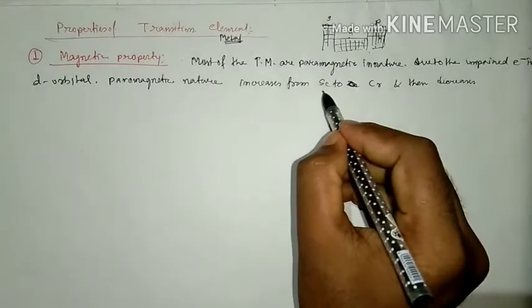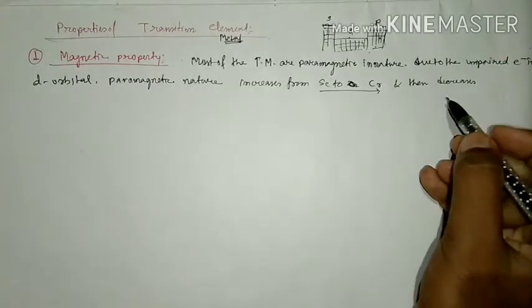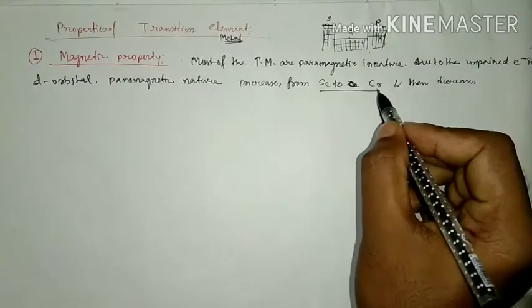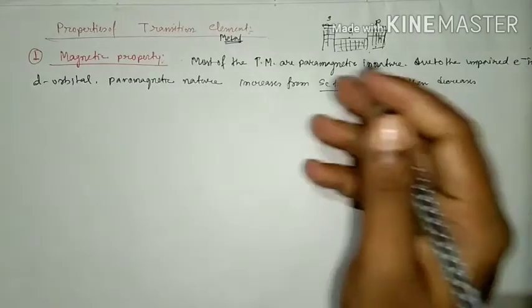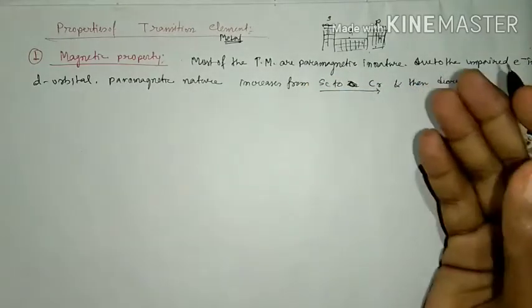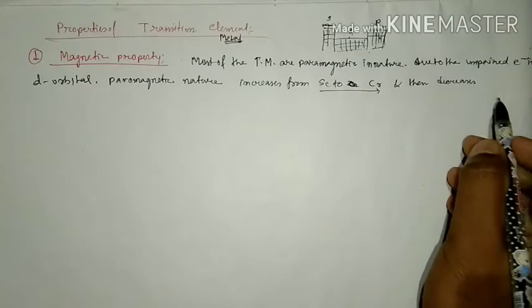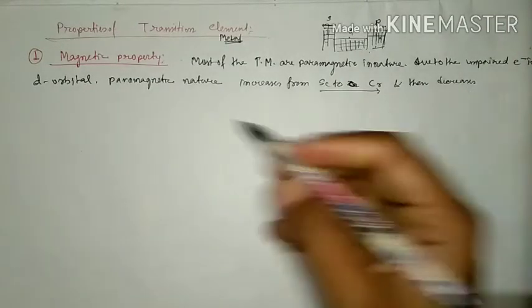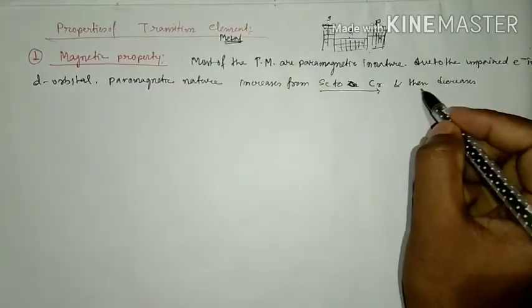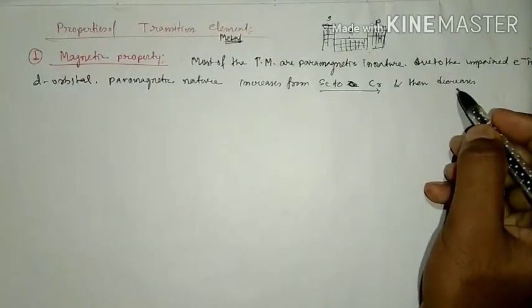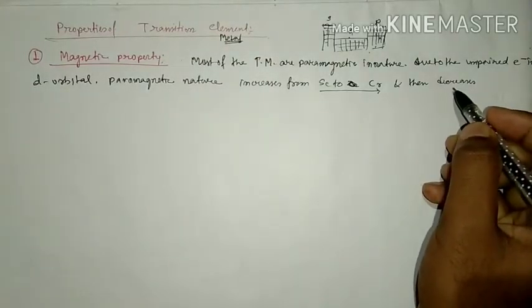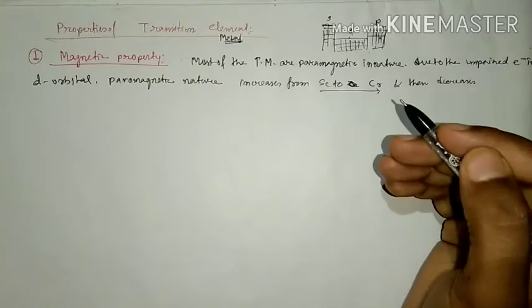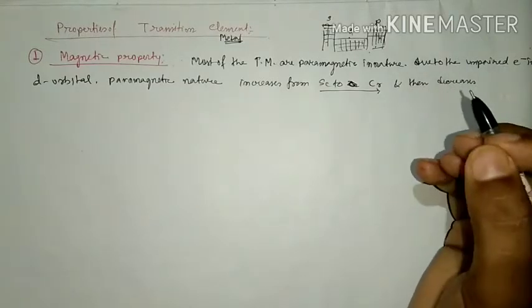Now see, scandium to chromium, why does it increase? Because if you see scandium to chromium, the unpaired electrons increase one by one, 1, 2, 3, 4, 5, this way. That's why the number of unpaired electrons is more, that means it is more paramagnetic. Okay, then it decreases because after the chromium, the pairing tendency of electrons increases.